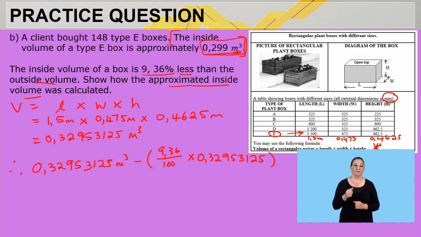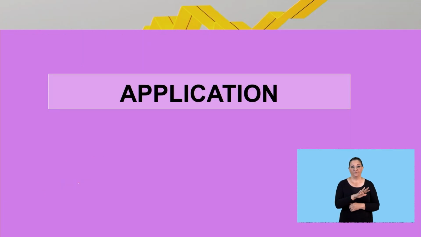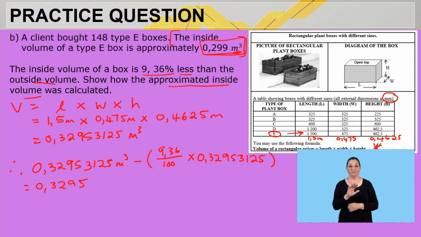So therefore, I'm going to keep this. I want to simplify the values in the brackets first. So let's write this value down. I want to show every single step so that we all understand. Sorry about that. Let's go back. So there's our calculation. 0.32953125 cubic meters minus, I'm going to simplify this part here in brackets by saying 9.36 divided by 100, multiply by 0.32953125.